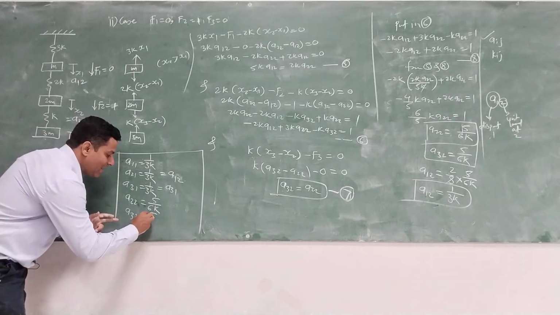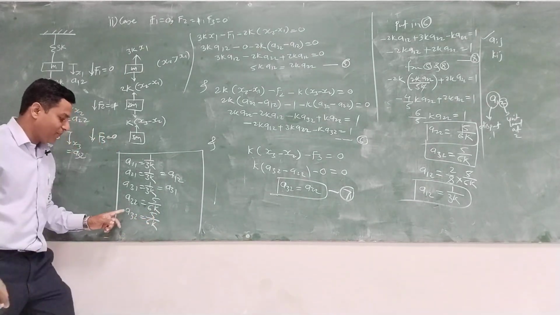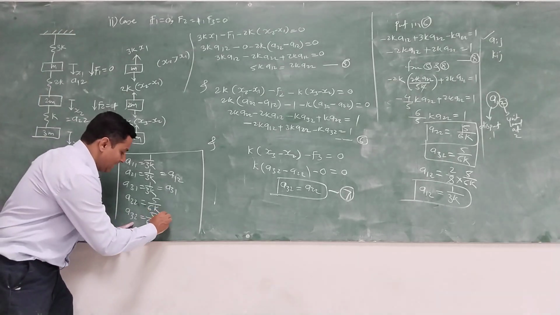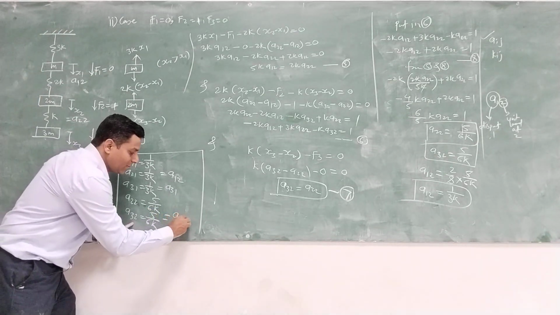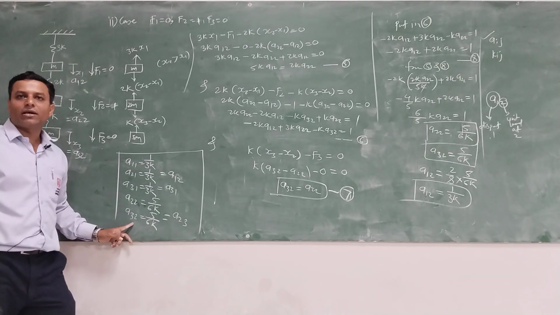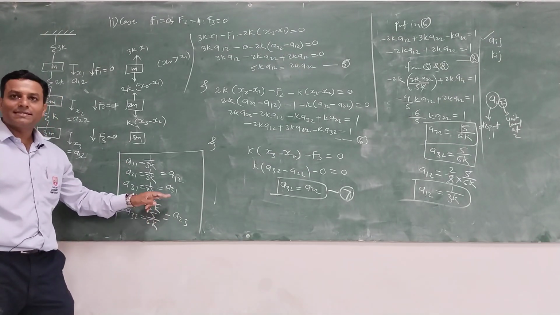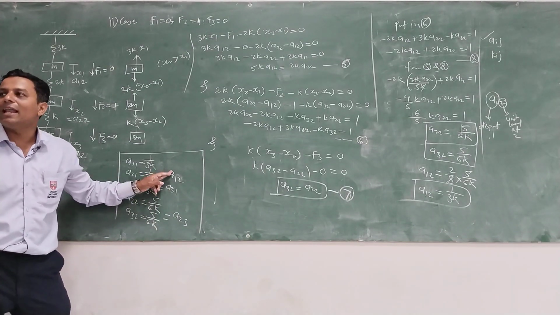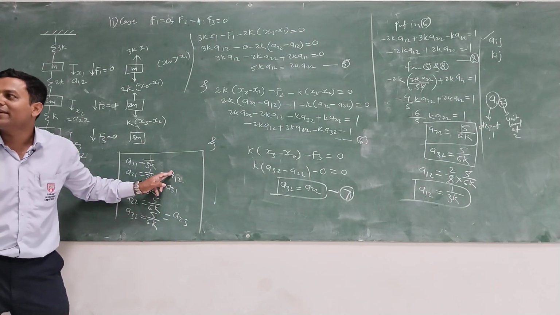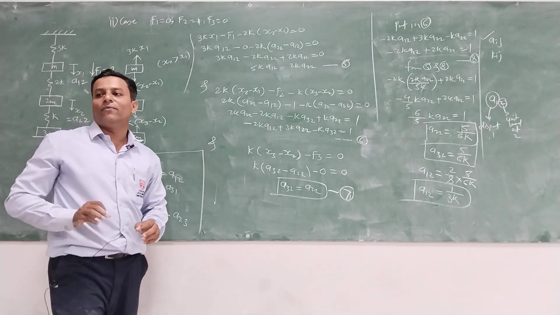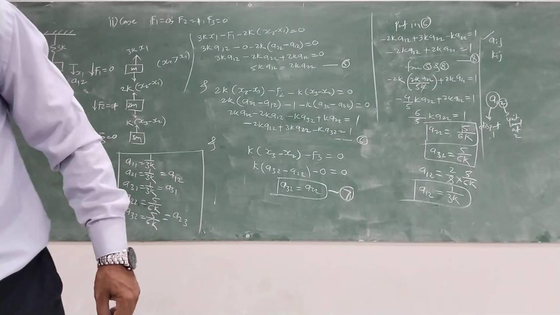A32 it is 5 by 6k. So from this A32 you can directly write. Now check 1 2 3 4 5 6 7 8. Only remained one is A33.